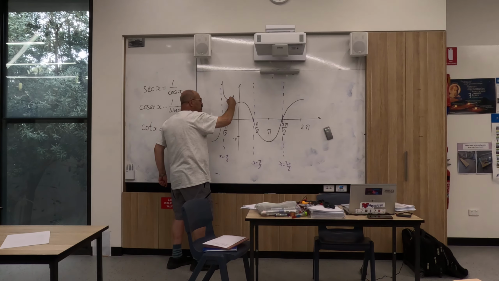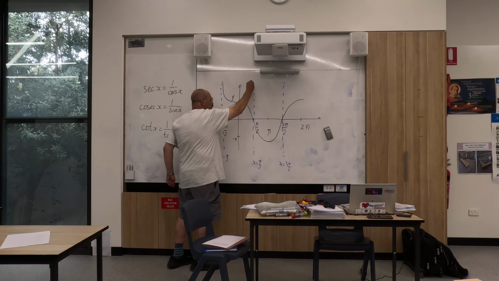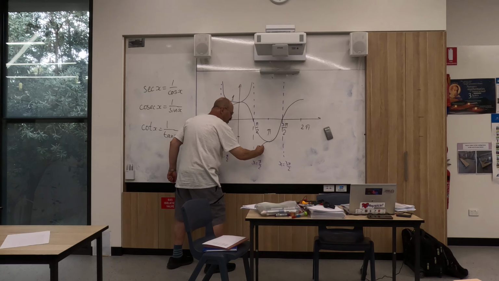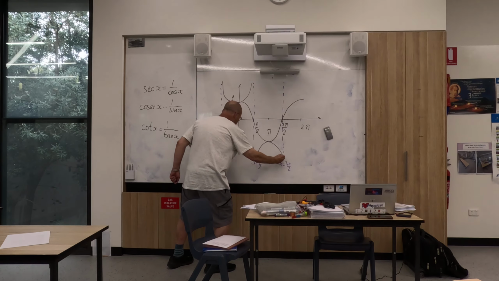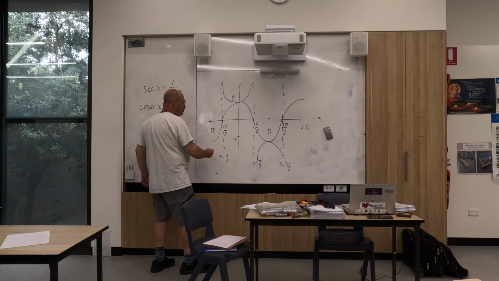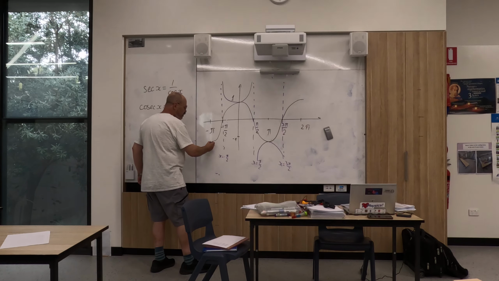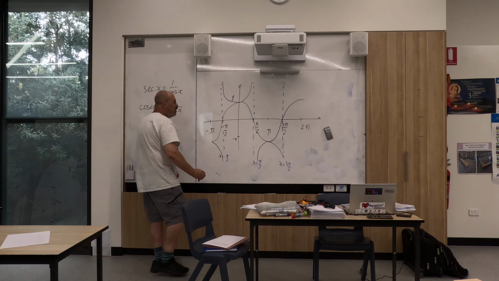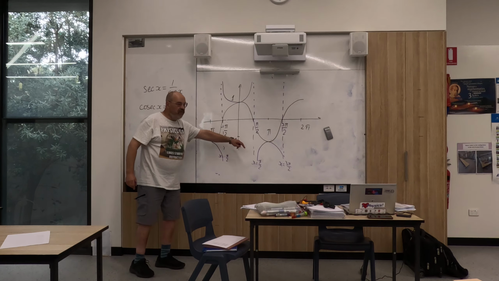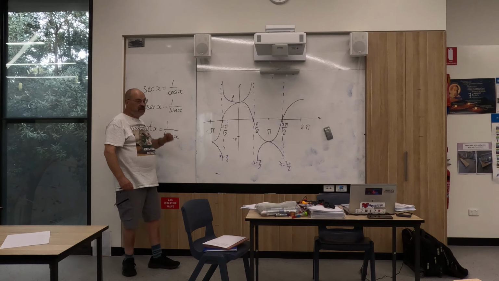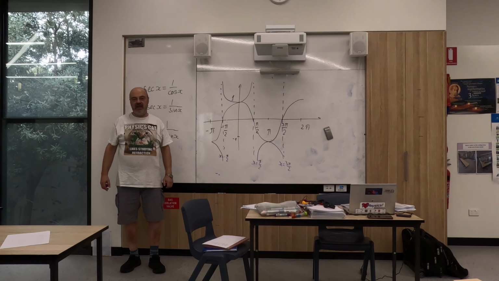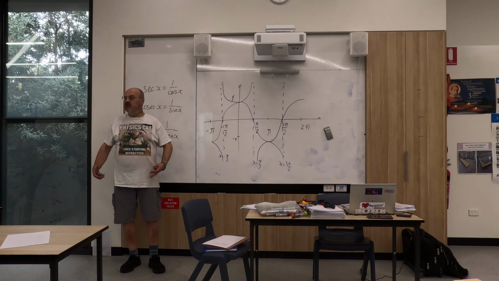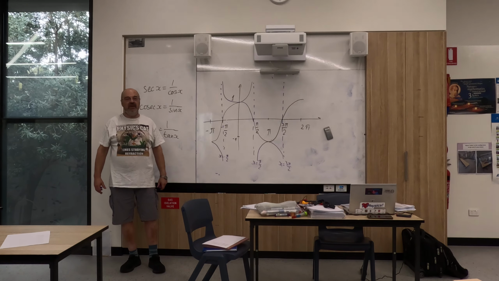So that will be the graph, like this and here like this. So this is the graph of secant x, 1 on cos x, which we built purely using the idea of sketching graphs of reciprocal functions.